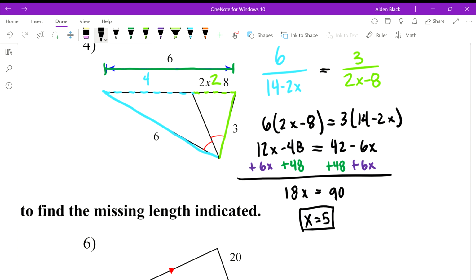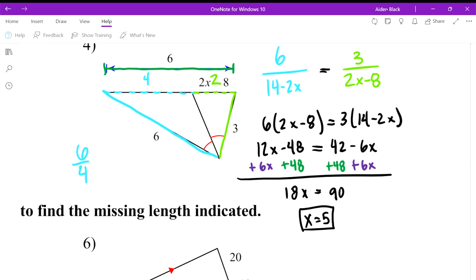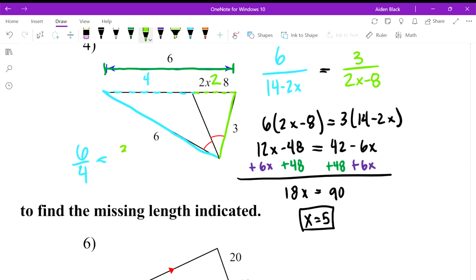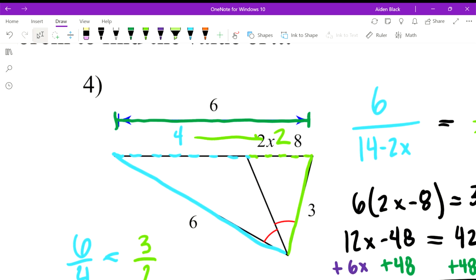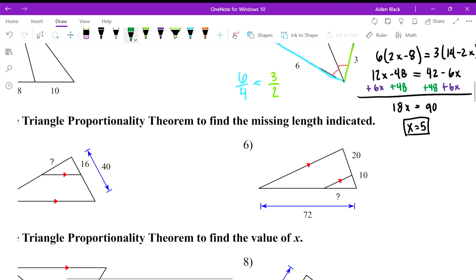So is it true that 6 is to 4 as 3 is to 2? Well, we know this reduces to 3/2, so we're good. It works out, and you'll notice that 4 plus 2 here adds up to 6. Looks good.